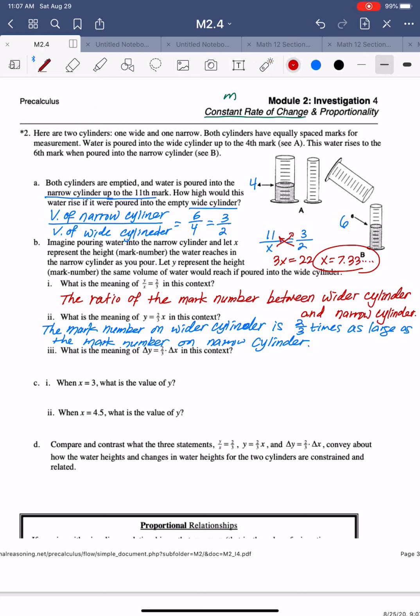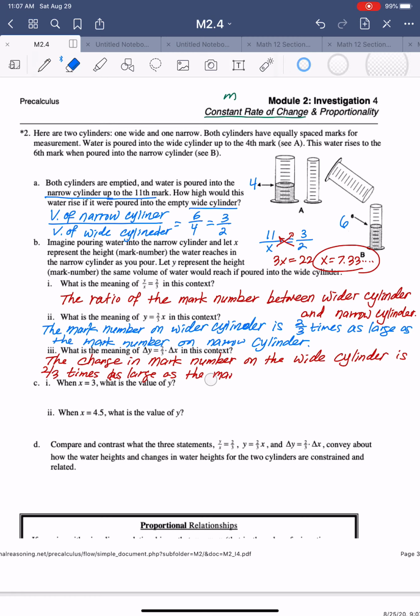So the change in the mark number on the wide cylinder is 2/3 times as large as the change in mark number on the narrow cylinder.